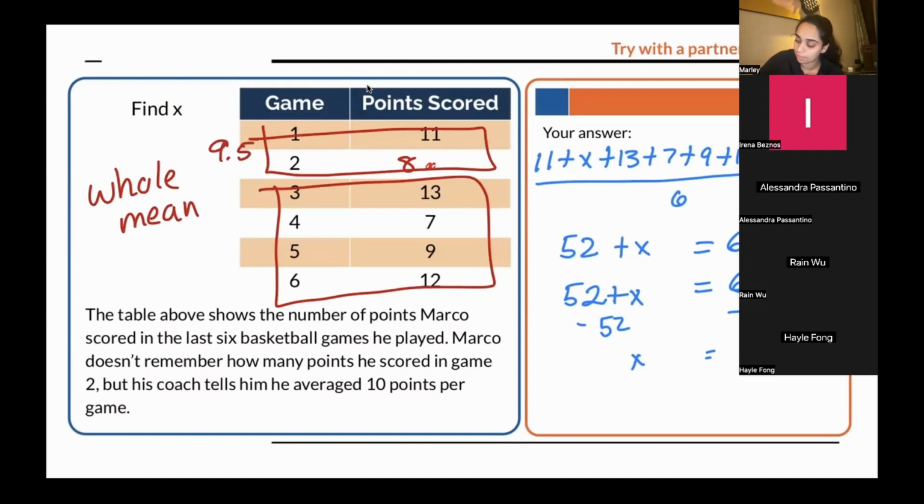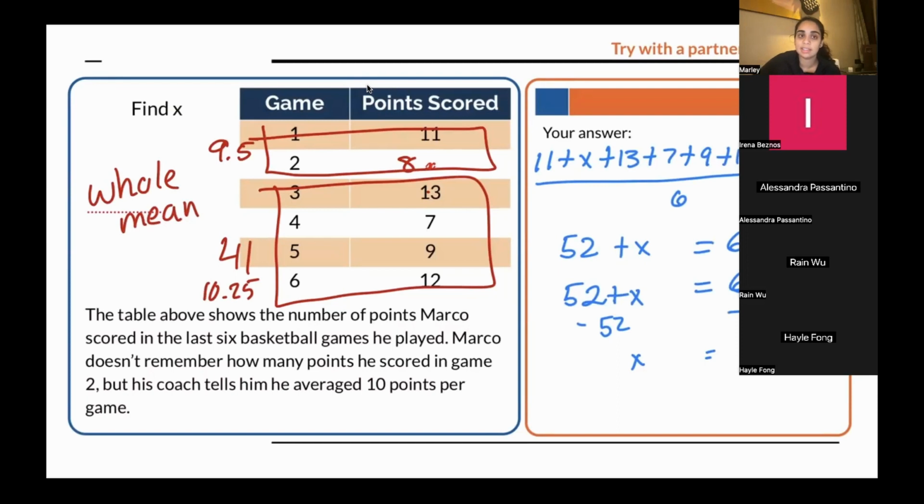This is 9.5 for the mean, but 13 plus 7 is 20, 20 plus 9 is 29, 29 plus 12 is, I think, 41. Yeah, so this is 41. And so this mean is, I mean, it kind of works here, but it is 10.25. So the average of 9.5 and 10.25 is not 10.